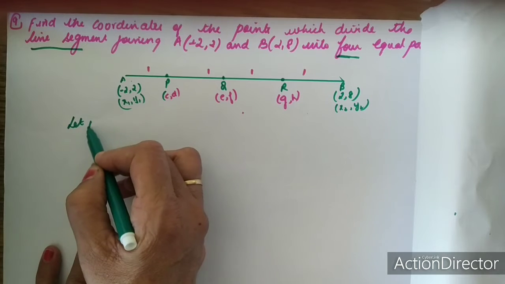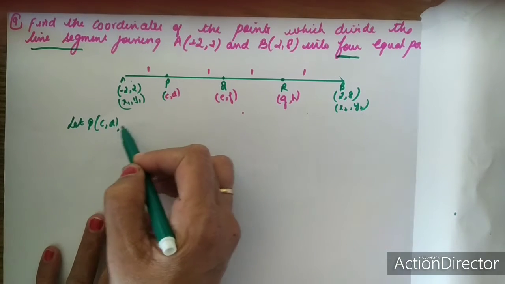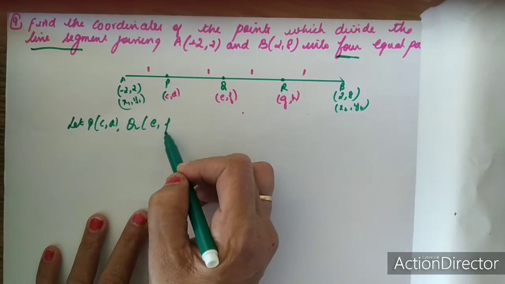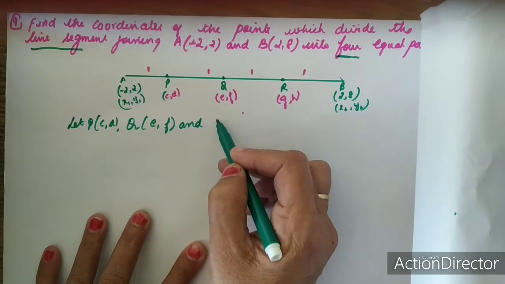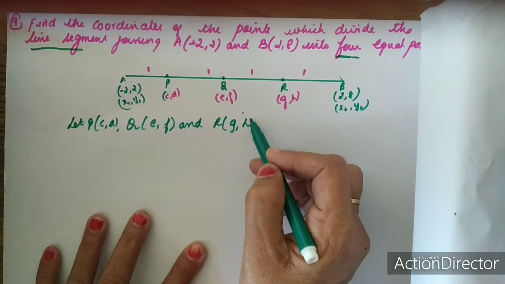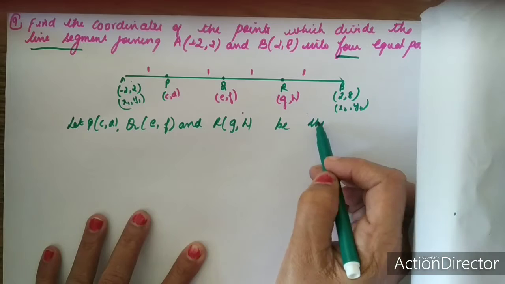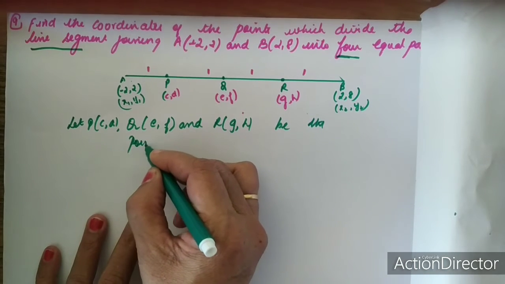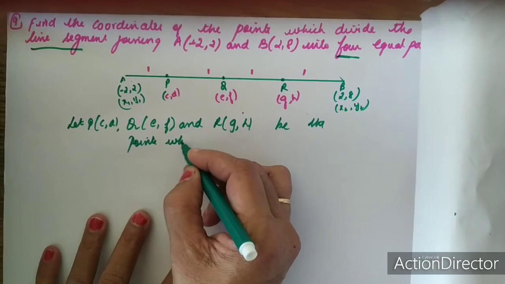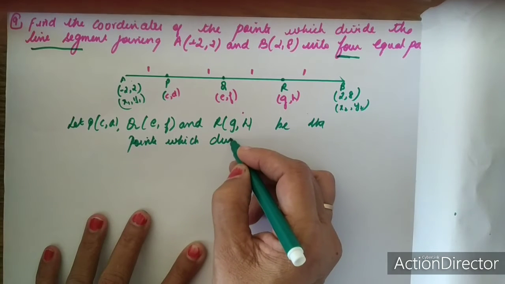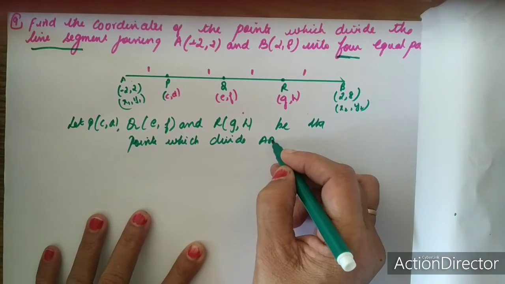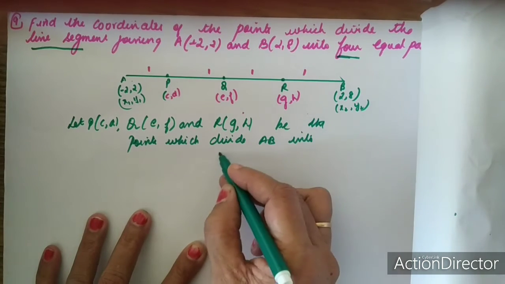Let P of (C, D), Q of (E, F), and R of (G, H) be the points which divide AB into 4 equal parts.